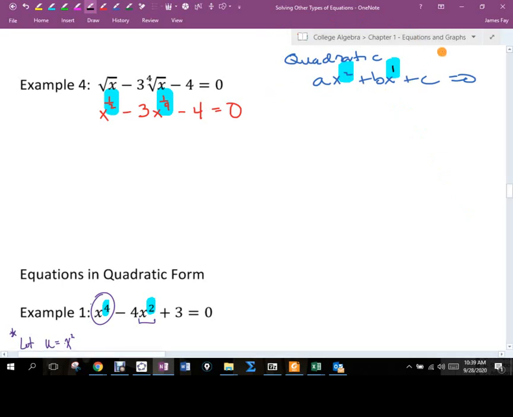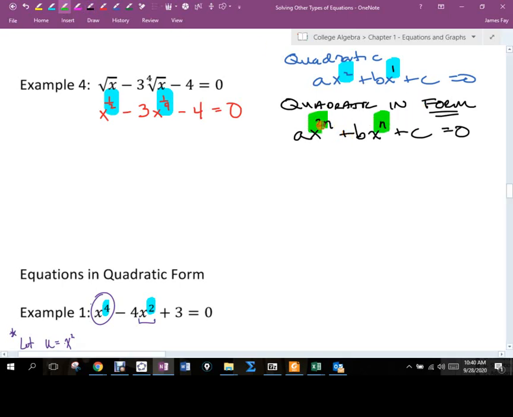Anything like that is going to yield a parabola, right? Okay. I'm going to write something here. I'm going to say quadratic in form. Okay. Not meaning that it's going to yield a parabola, but the equation itself can be something like this, where now what's the relationship between that exponent and that exponent? Still a 1-to-2 relationship, right?